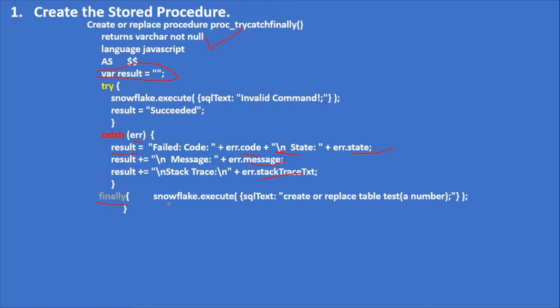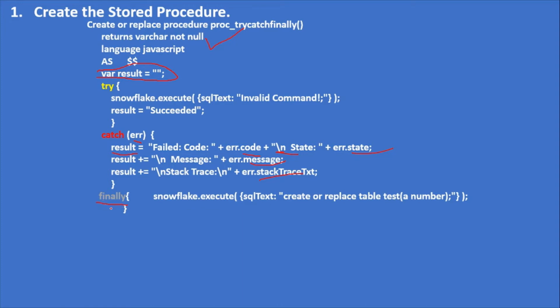So at the end of the procedure, if you want to perform some task, you specify it here. Task means it is not a Snowflake task object. Task means any statement, like at the end of the procedure I want to drop these particular tables, or I want to insert data into one table. Those types of statements you can keep in the finally block.